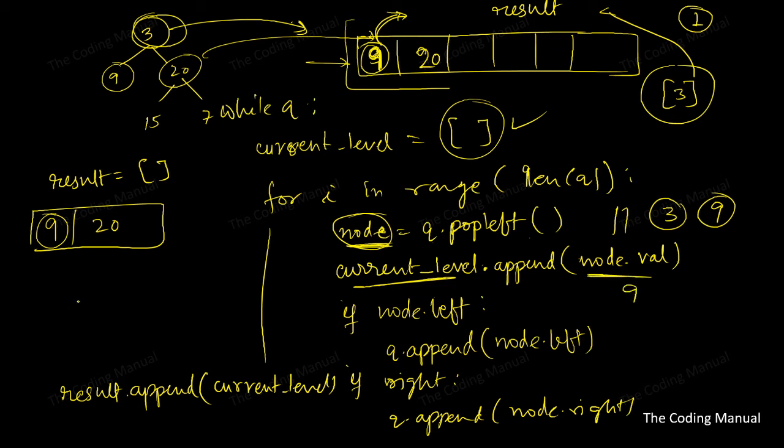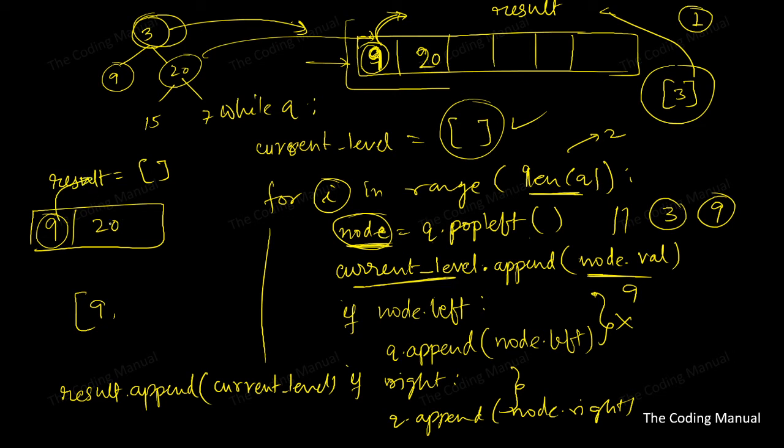Then node dot left is false, and this becomes false for 9. Then we go back for i till length of q, which is 2, so for 1 we have traversed, and now we will go to the second element.